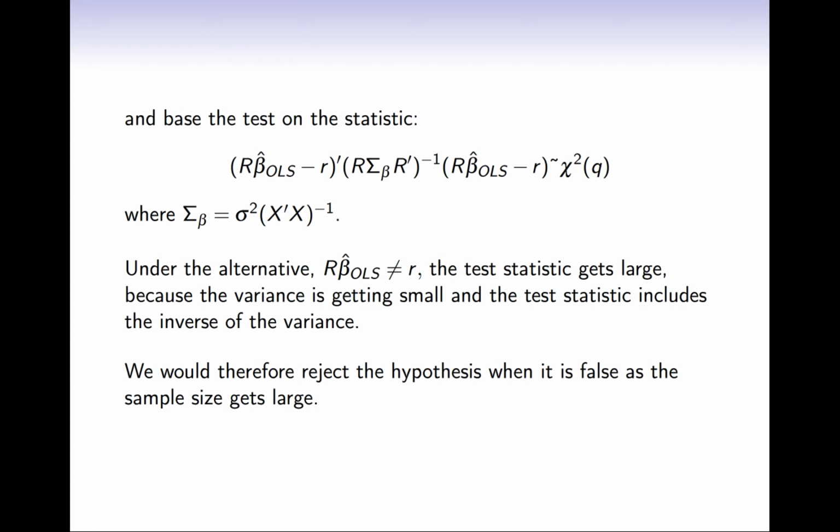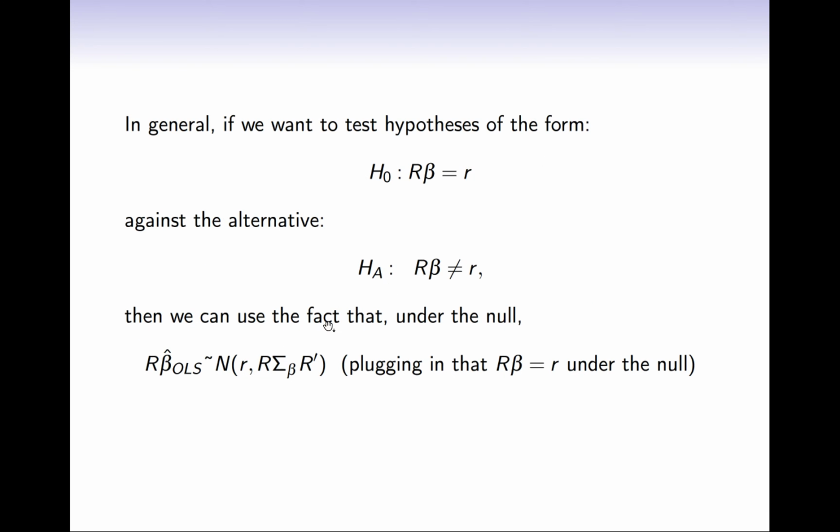So when do you need to do a normal statistic and when do you need to do a chi-square statistic? Well, if R just has one row, then this is k by 1, and this is going to be number of restrictions by k. So if there's only one restriction, then this would be a 1 by 1. And in that case, you could do a normal test. You don't have to do a chi-square.